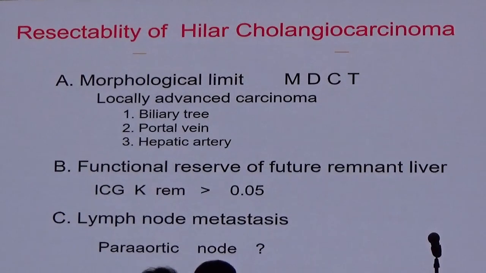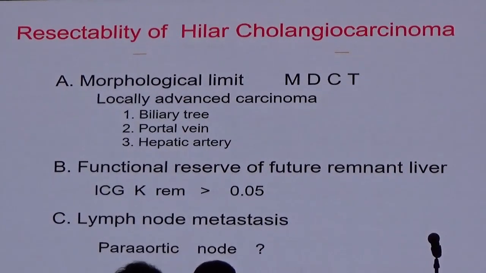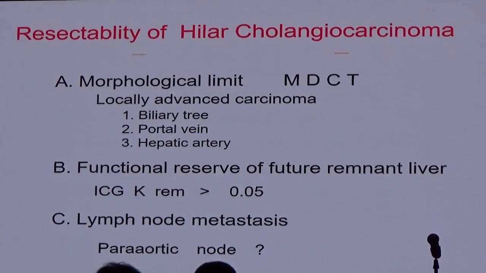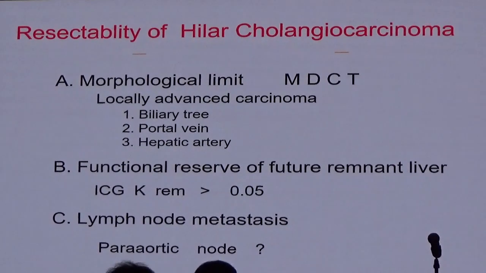Resectability of hilar cholangiocarcinoma is decided according to the diagnosis of the morphological extension of the tumor. Especially, we must be very careful to diagnose local extension of the tumor along, of course, the biliary tract.